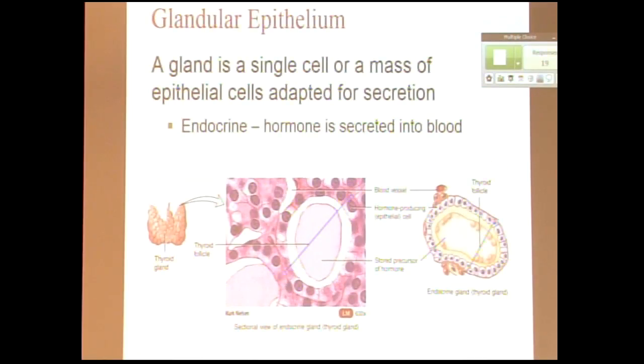The other kind of epithelium is the glandular, which we'll talk a lot more about when we do the endocrine system in 202. But basically, we said one of the functions of epithelial tissue is secretion. That's the job of the glandular epithelium tissue. Most of the time, it's either cuboidal or columnar.